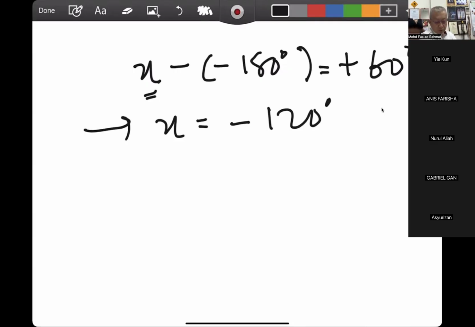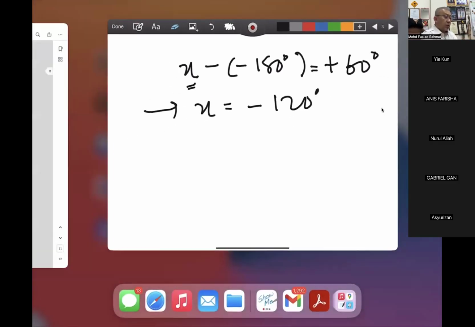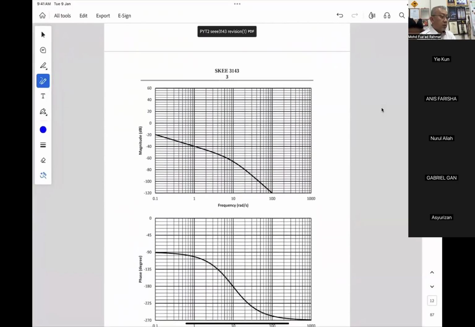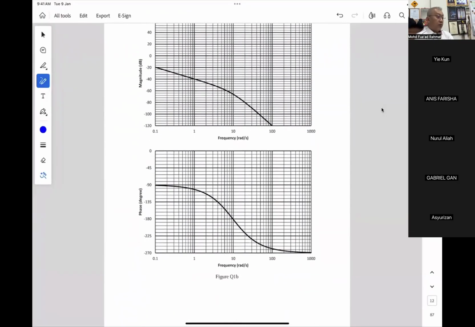Okay. So minus 120 degrees is from here. If you look here, this is a gain curve, and this is a phase curve. Okay. So if you look here, between one scale to another, this one is 45 degrees.